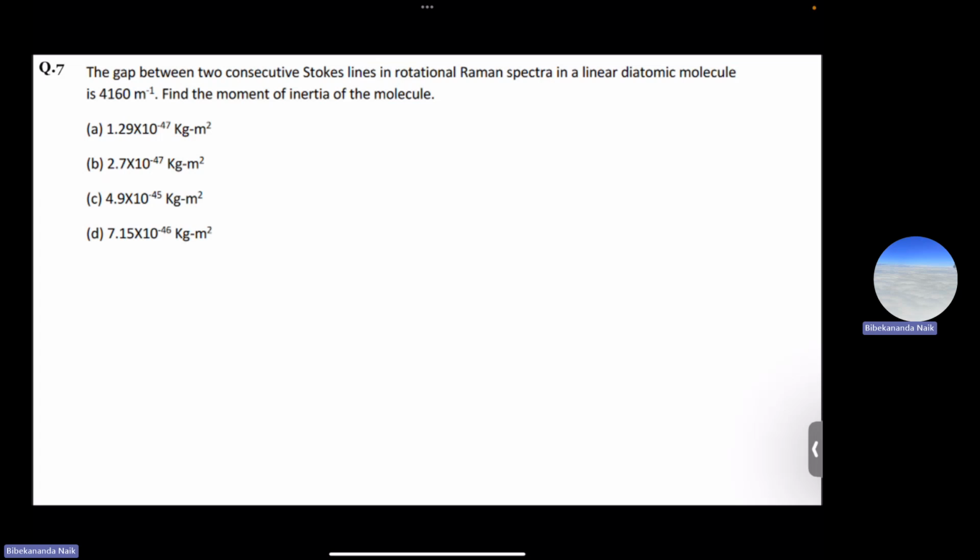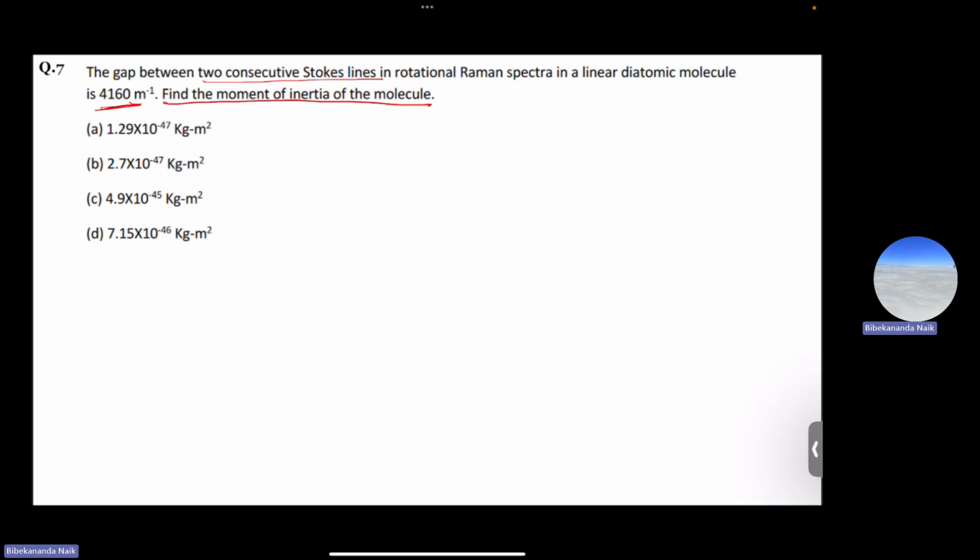Options are option A 1.29 in 10 to the minus 47 kg meter square, option B 2.7 in 10 to the minus 47 kg meter square, option C 4.9 in 10 to the minus 45 kg meter square, option D 7.15 in 10 to the minus 46 kg meter square. So we need to find out the moment of inertia of that molecule, and it is given that between two consecutive Stokes lines the difference is 4160 meter inverse.